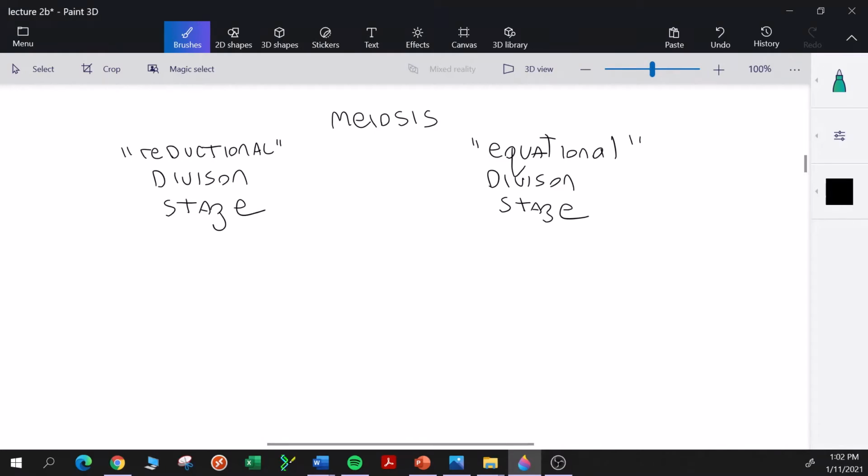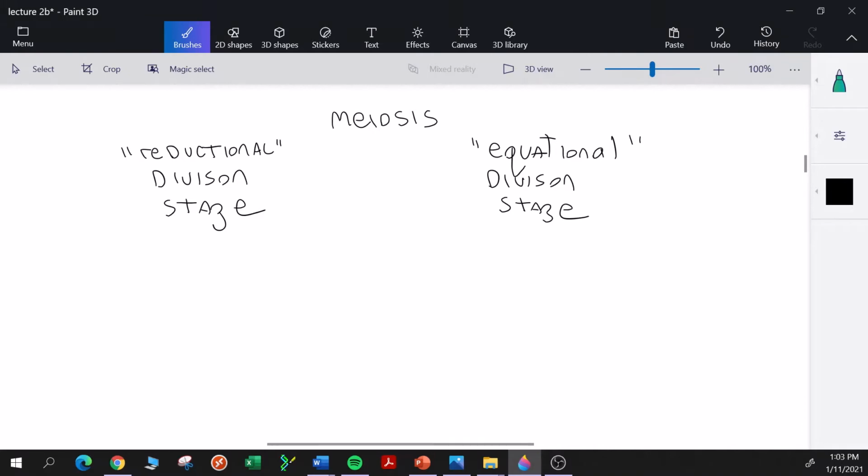Now, the terms reductional and equational refer to the number of chromosome sets that result after each division stage. So the reductional stage reduces the number of sets by 1/2, and the equational stage does not change the number of chromosome sets.